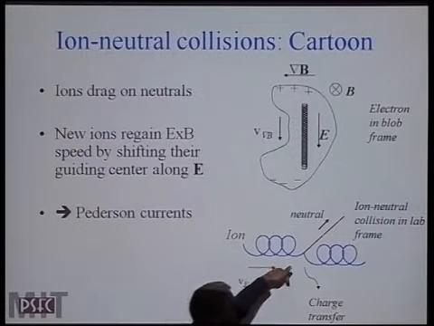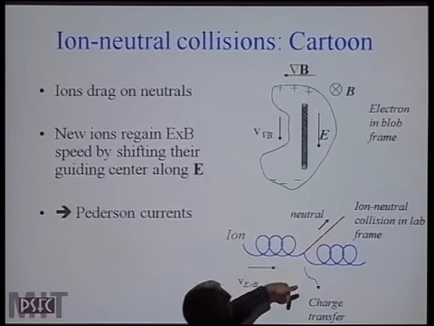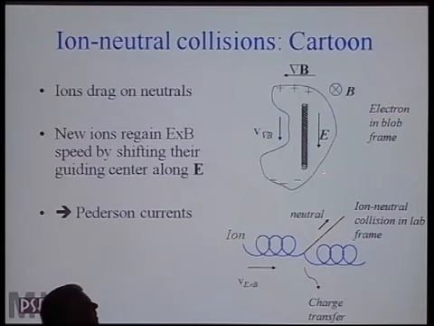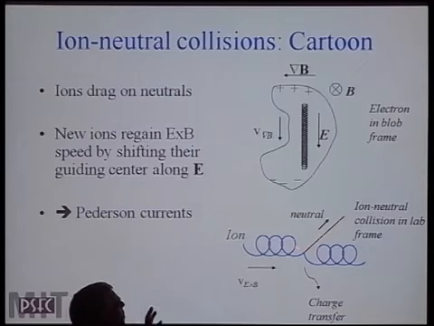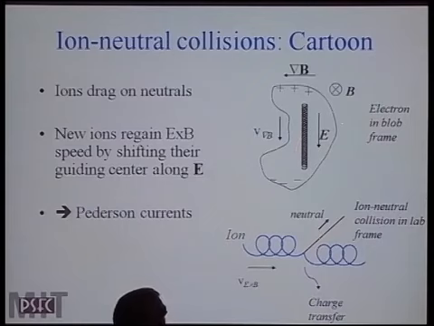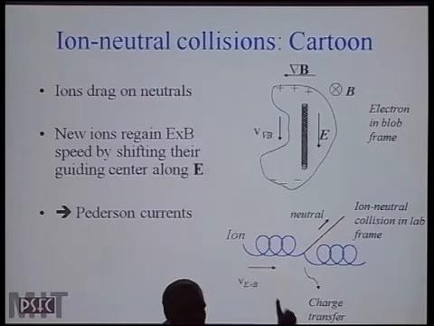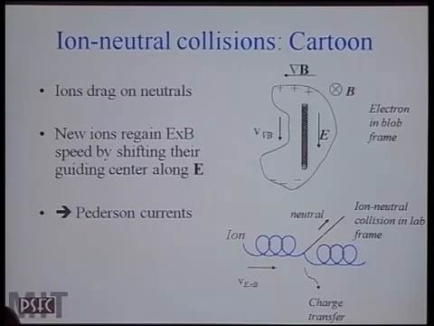So the ion Pedersen current is down in the direction of the electric field here. The electric field is proportional to the speed, and this current is proportional to E. So E will keep building up, the velocity will keep building up, until this current going down matches the electron current from curvature and gravity drift going up. So you're taking that into account?